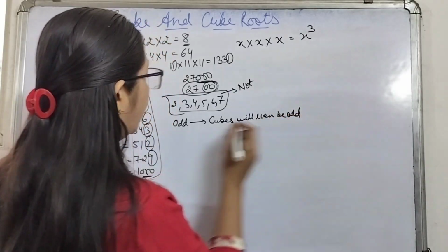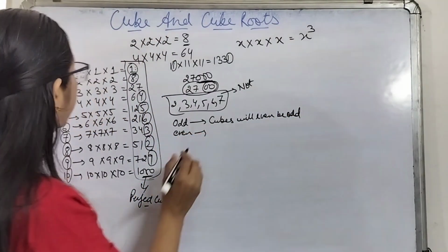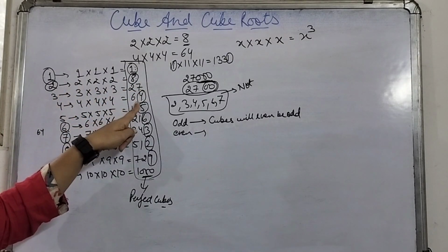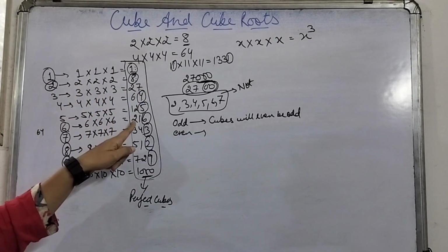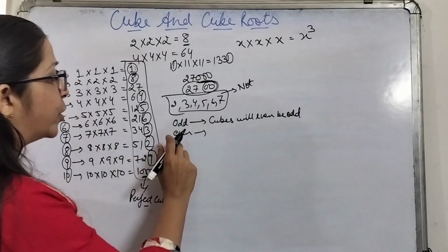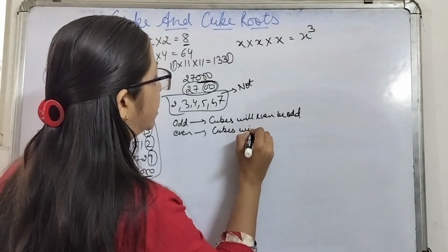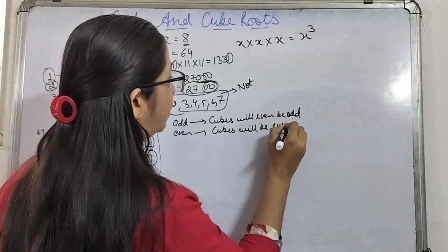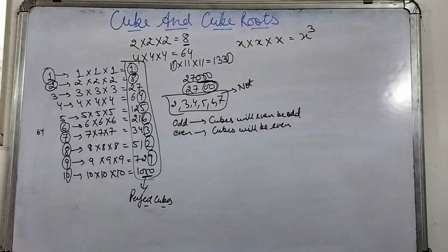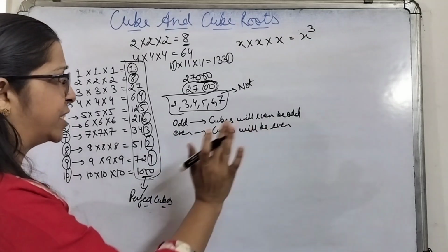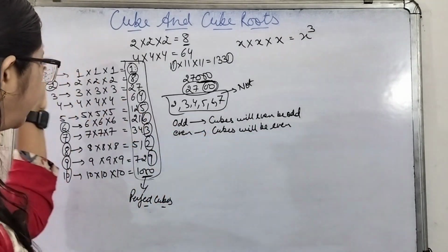For even numbers, here we can see 2 is an even number, cube is 8. 4 is an even number, cube is 64. 6 is an even number, cube is 216. So if your number is even, then its cube will be even. For an odd number, the cube will be odd only. This is what we can conclude from here.